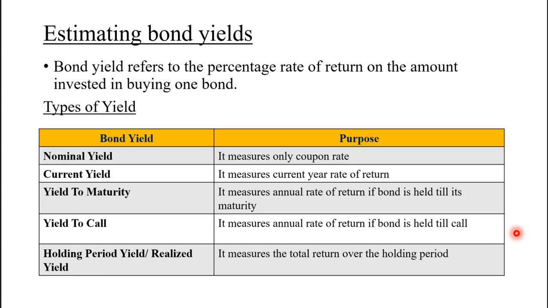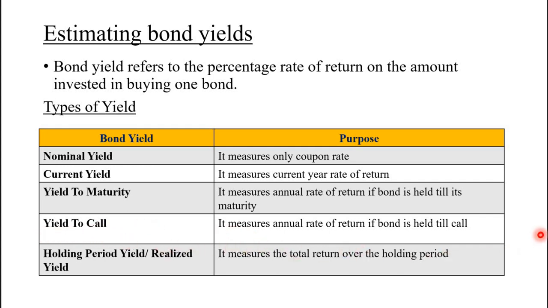So XYZ company issues a 1000 rupees bond for 5 years. If there is a call option, then instead of 5 years, after 2 years itself, they call for its maturity. Then it is called a call. What it measures is yield to call.